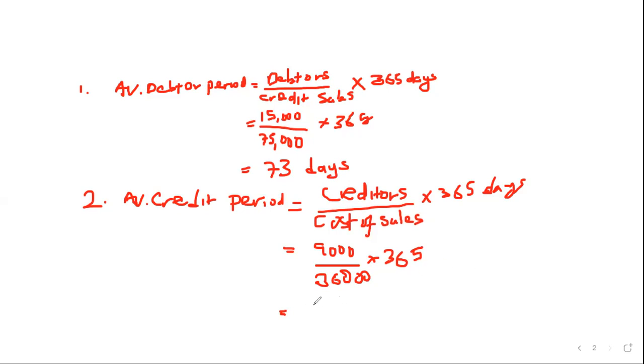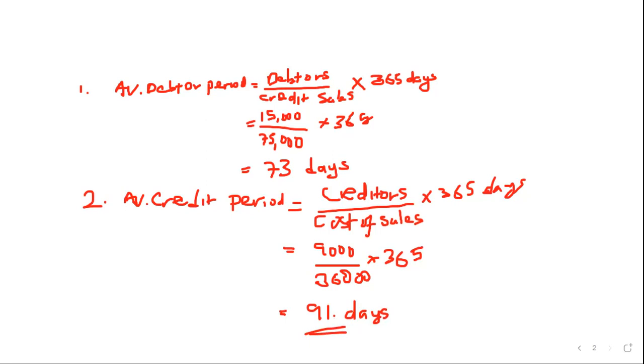So we have 91 point. So these are days, so we need to round off. So it will be just 91 days. So that's the answer there.